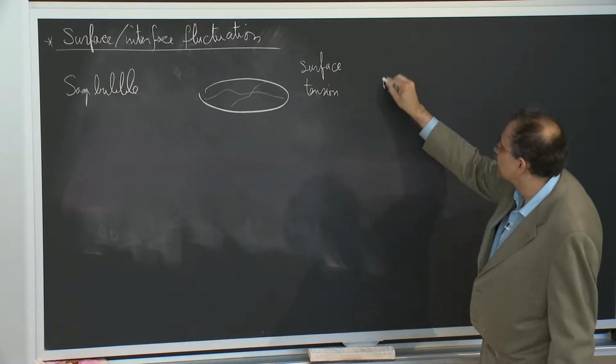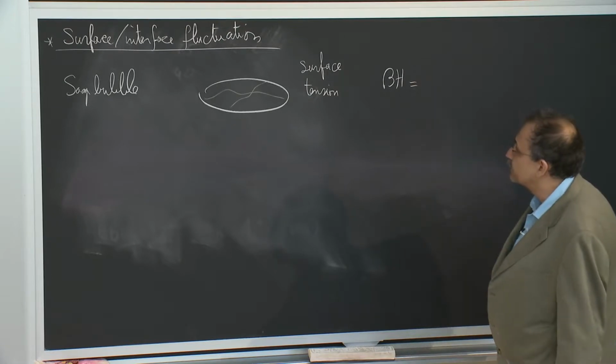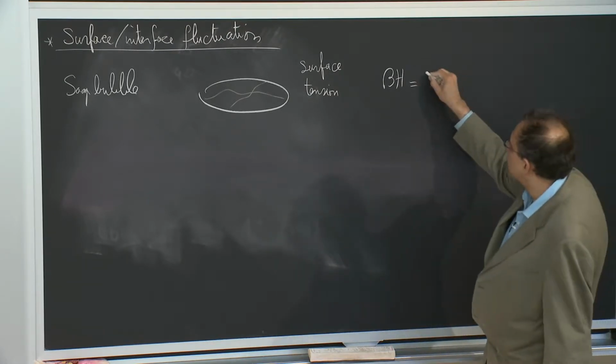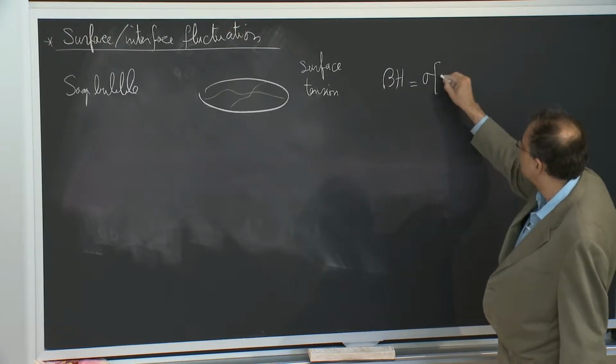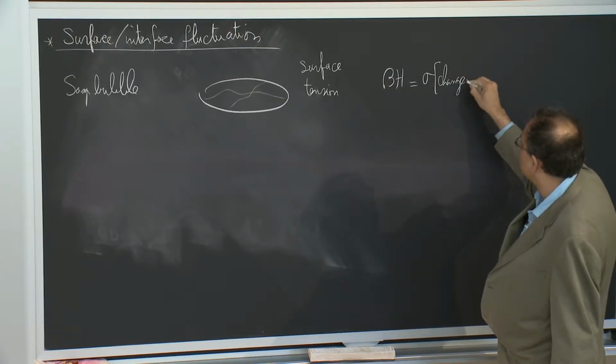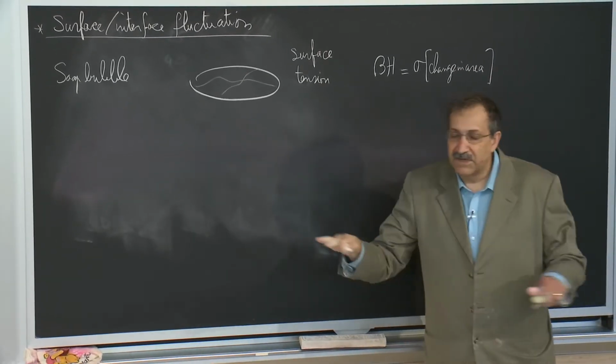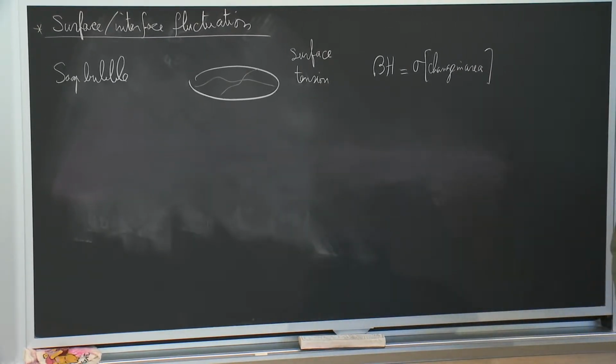And let's say the cost of the deformation is the change in area times some sigma. So I will neglect the contribution that comes from the flat surface and say if I make a deformation, I have changed the area of this film. So there is a cost that is proportional to the surface tension times the change in area.